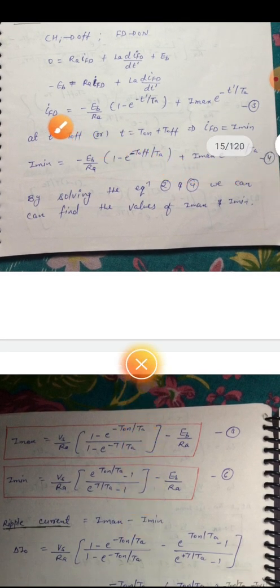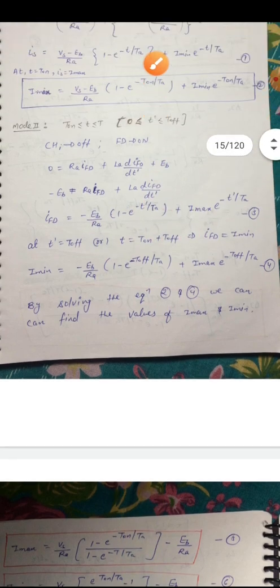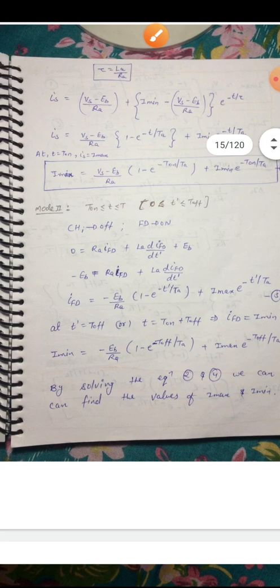Again in the same way, IFD is I final plus (I naught minus I final) e to the power minus t by tau. Here we consider t dash, so that you do not get confused with t dash upon Ta. Tau is always La by Ra. In the same way we get this equation, just keep Vs as 0.